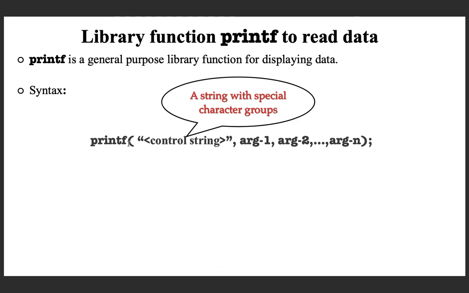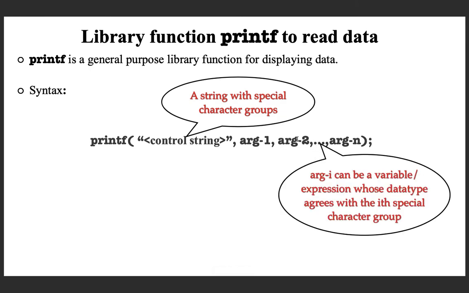Rather than scanf, the name here is printf, a similar control string and arguments. The only difference here is that arguments are not addresses but just variables or expressions, because here we don't want to get anything returned from the printer. Rather, just pass these values and just get it printed on the screen.